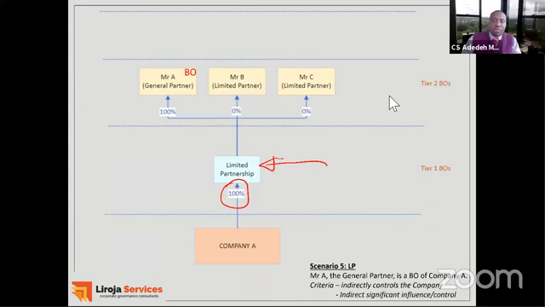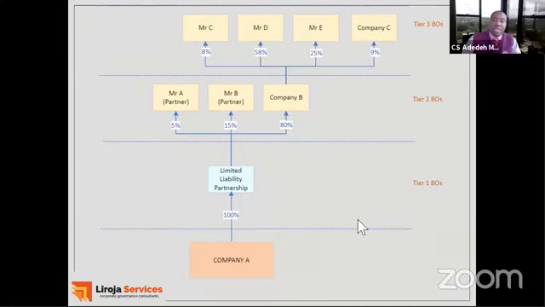The next type of legal person is a limited liability partnership. And we are looking at this from 2 points of view: where the partnership is owned by individuals, or where there is a corporate partner also being introduced in the LLP.